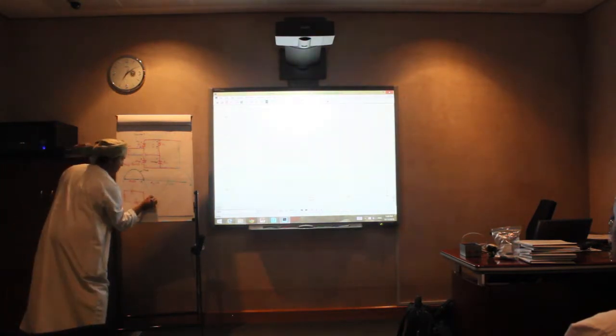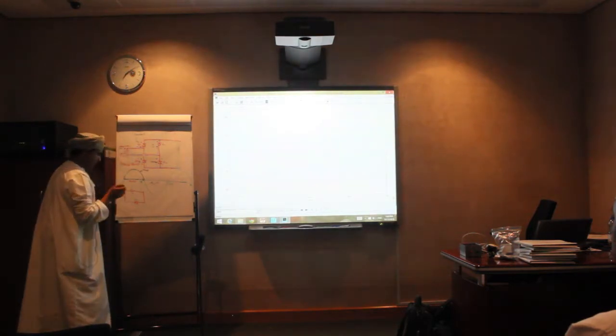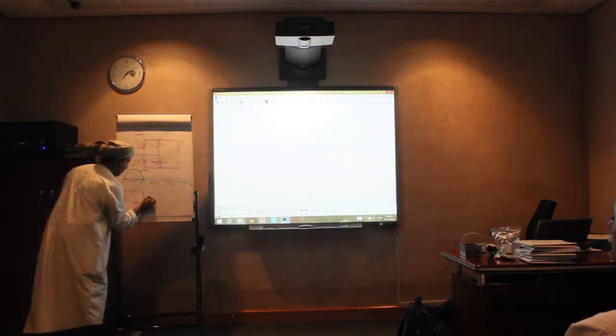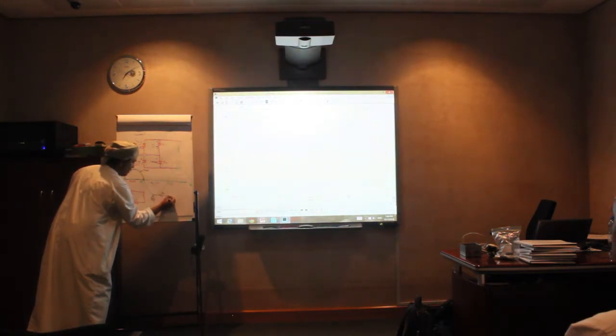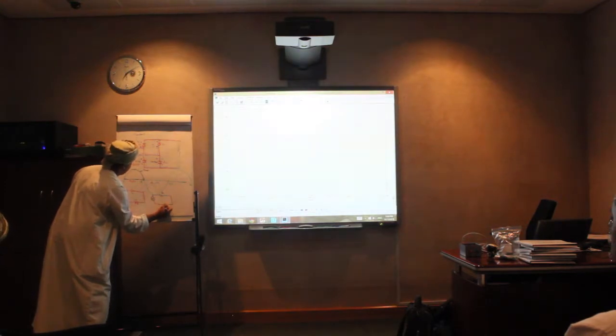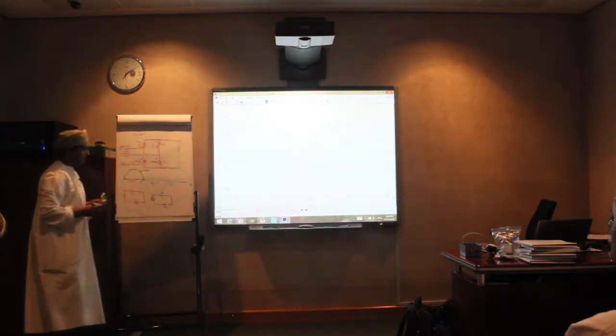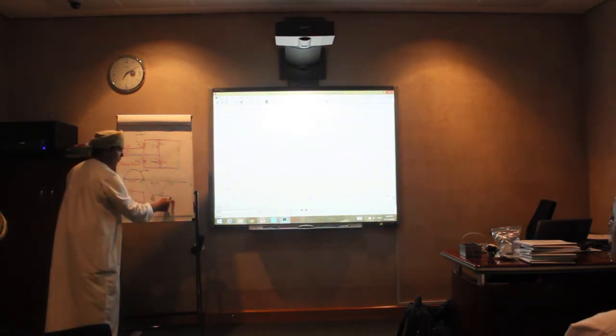So we can plot this one. The current in this case, and the second one, goes through D2 and then toward the resistance, and then through D4, right? So again, what's the voltage across that one?